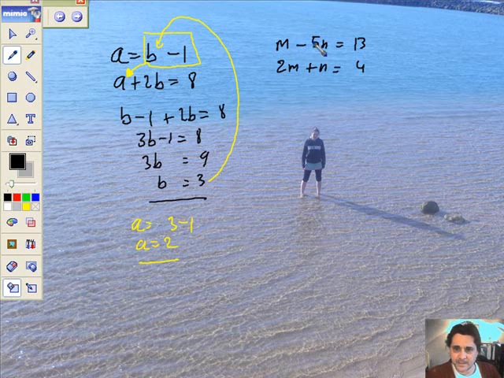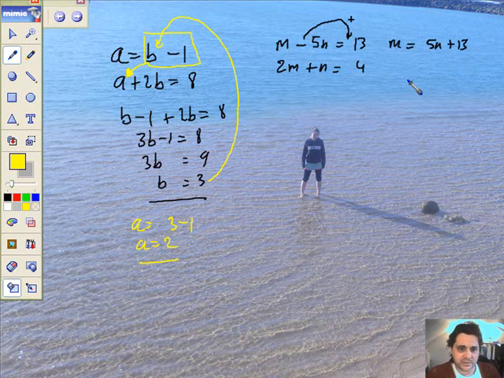But I can see that if I take the top one, I've got m equals 5n plus 13. I merely took the 5n over and added, so then I can substitute this term for m and put it right there where the m lives in the bottom equation. So let's do that right now. That's a single m, don't forget.